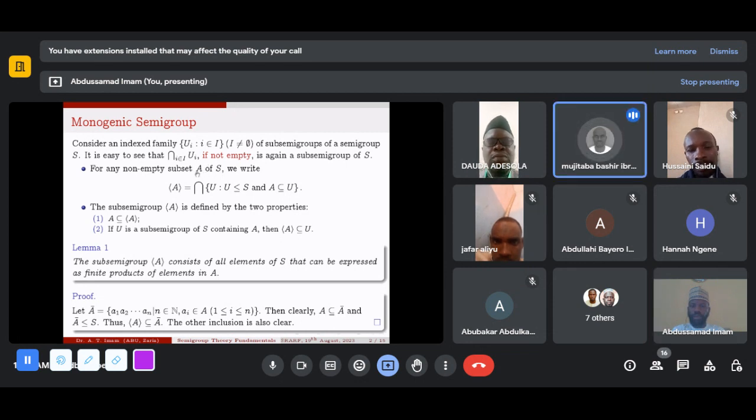Which of these elements are generators? That is, you find the order of each element in Roman 1 and 2. Some are generators, some are not generators. Which among them are generators? Mujitaba, please, off your mic. We are recording. Is he asking a question, Mujitaba, or what?